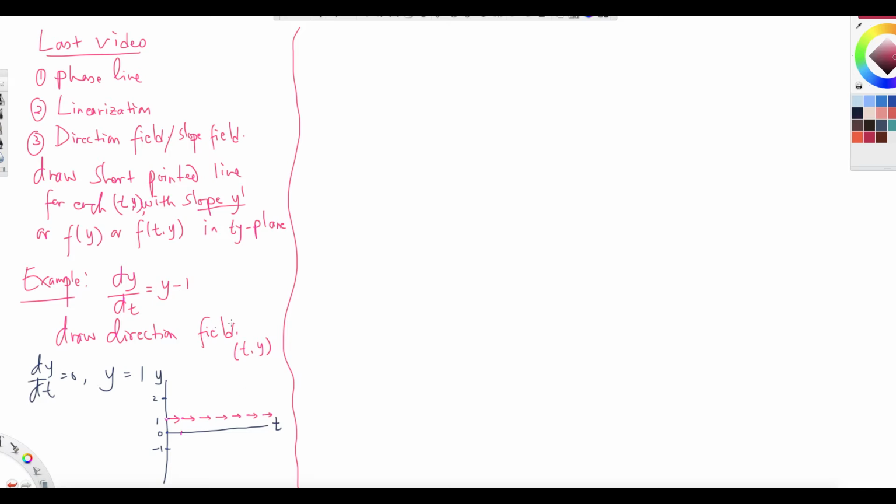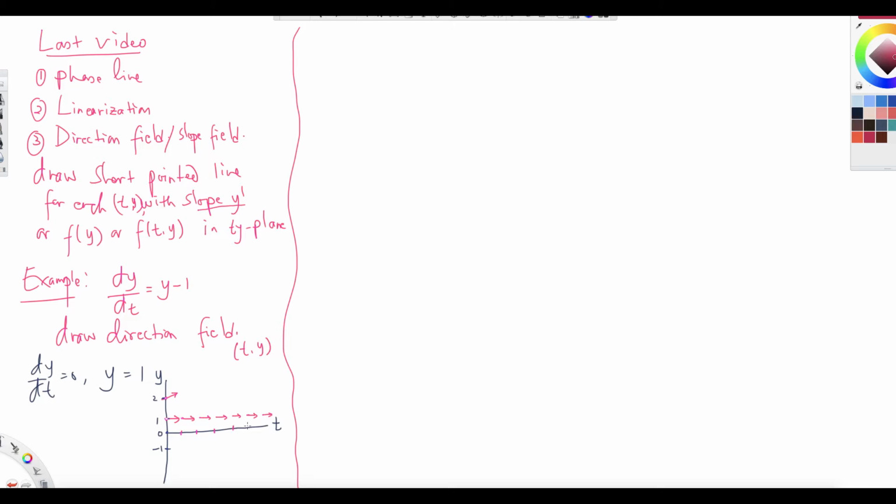All right, next, let us say at (0, 2), what will be the slope? If t is 0 and y is 2, you write y is 2 on the right side here. 2 minus 1 is 1, right? So the slope here will be 1.